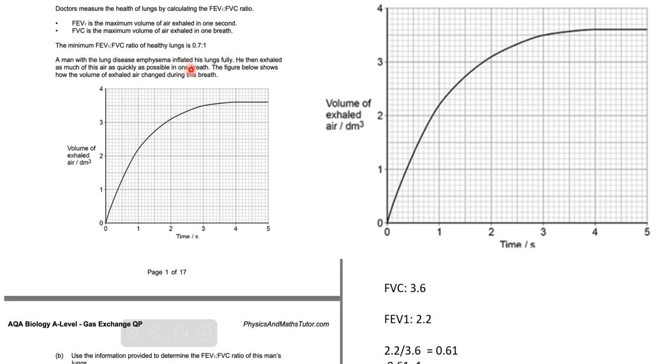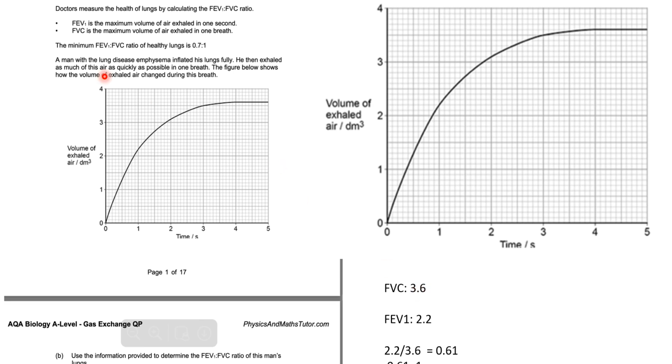Can you see here? 1 breath. So all the way to the end, that's 1 breath. It took them 5 seconds, but I don't care about the time, to be honest. The graph plateaus here. So in 1 breath, how much volume of air have they exhaled? It's 3.6 dm cubed. So my FVC is 3.6.